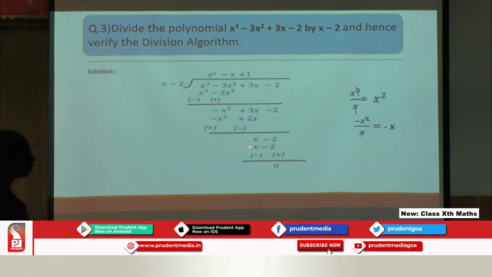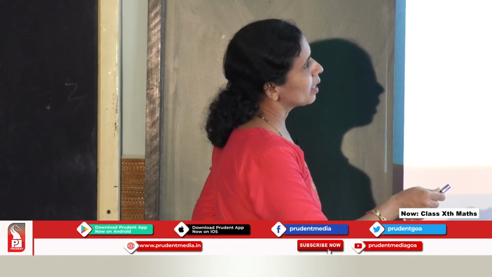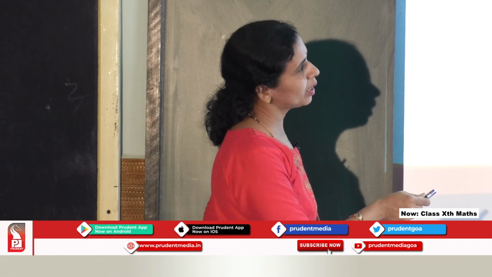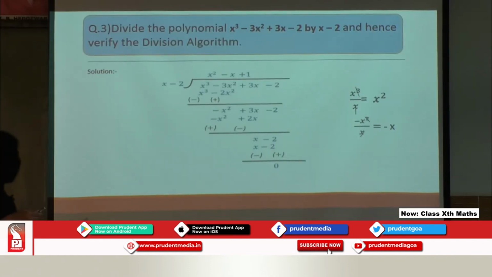Now this x minus 2, and the divisor is also x minus 2, so directly we can take it as 1. The third term of the quotient is 1. Again we multiply the third term of the quotient by the entire divisor.